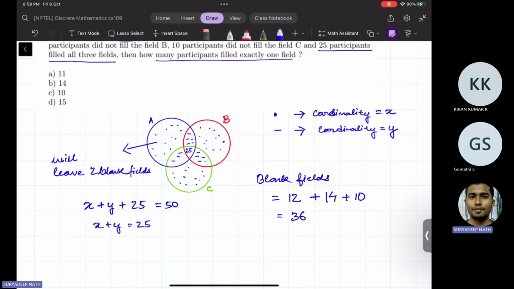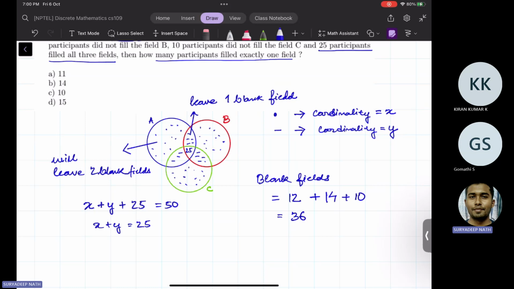People in the dashed region will leave one blank field, and people in this intersection, where it is written 25, will leave no field because they have selected all three fields.